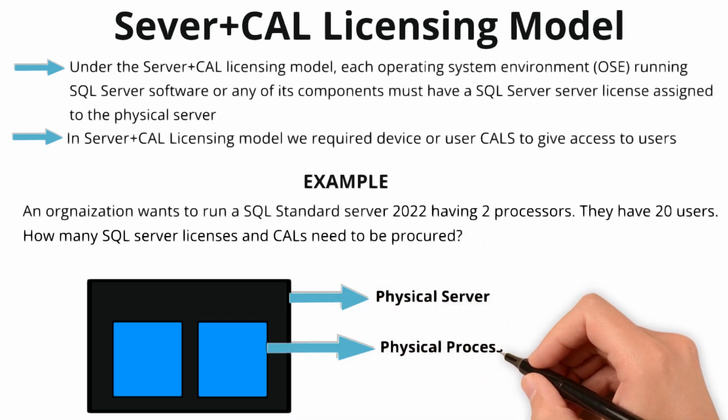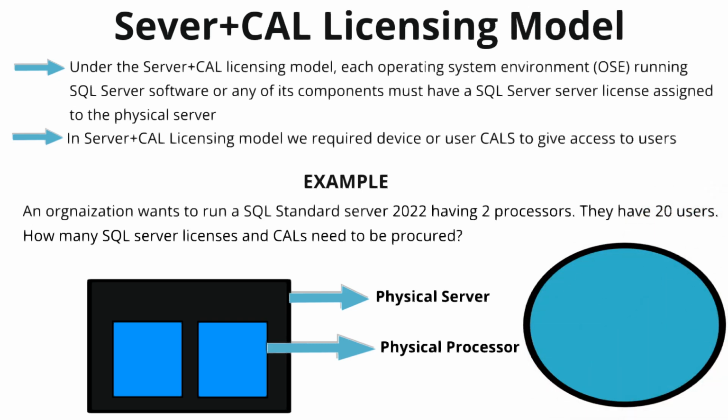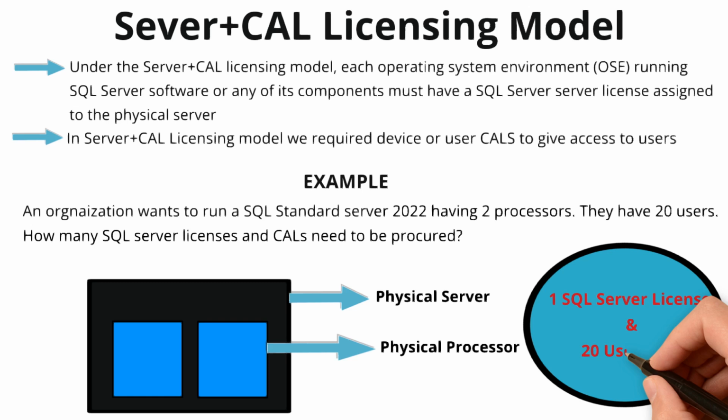That is the main difference. Obviously, there is a price difference which we won't be talking about, but in this server plus CAL model, we have to buy CALs separately. Remember this: for the Standard edition we can use this, but for Enterprise edition we can't go by the server and CAL licensing model.